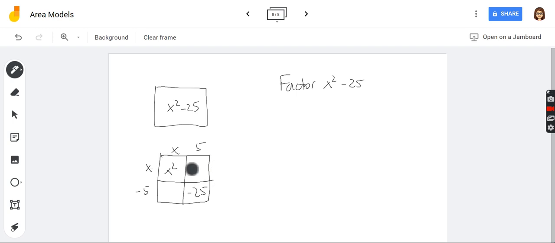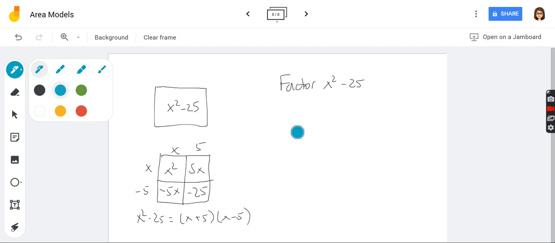So 5 times x is 5x. Negative 5 times x is negative 5x. When I add them all up, these two are going to cancel out, and I'm going to be left with x squared minus 25. So I know that x squared minus 25 is equal to x plus 5 times x minus 5. And this is a special kind of expression when this first term is a perfect square.